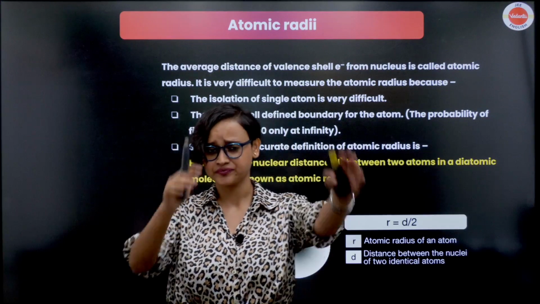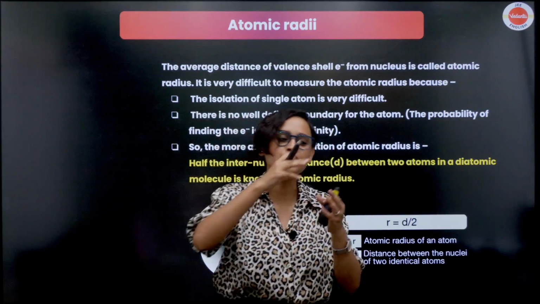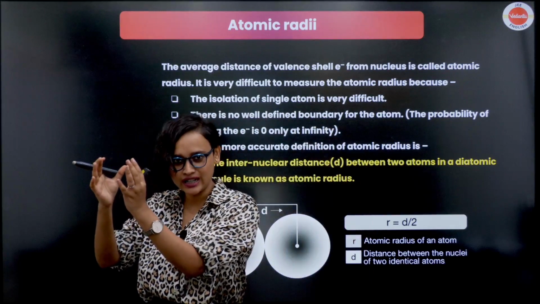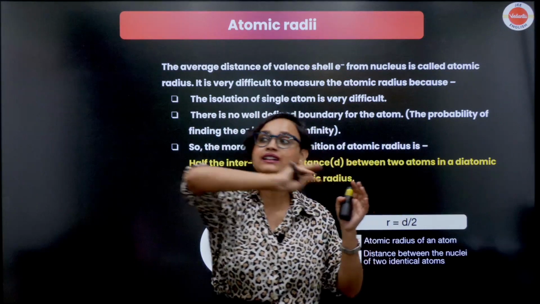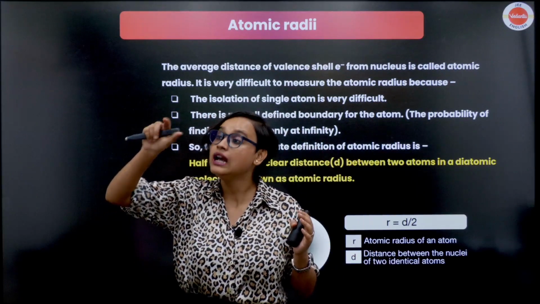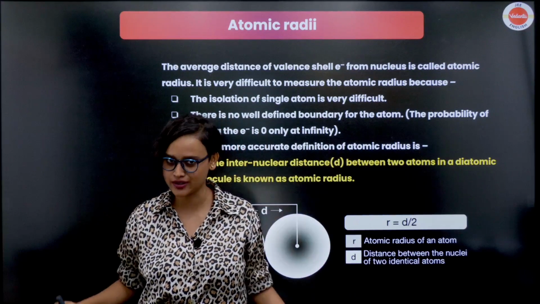Because first of all, it's very difficult to make an isolated atom. To break the bonds, make it an isolated atom, and then measure the radius is going to be impossible.